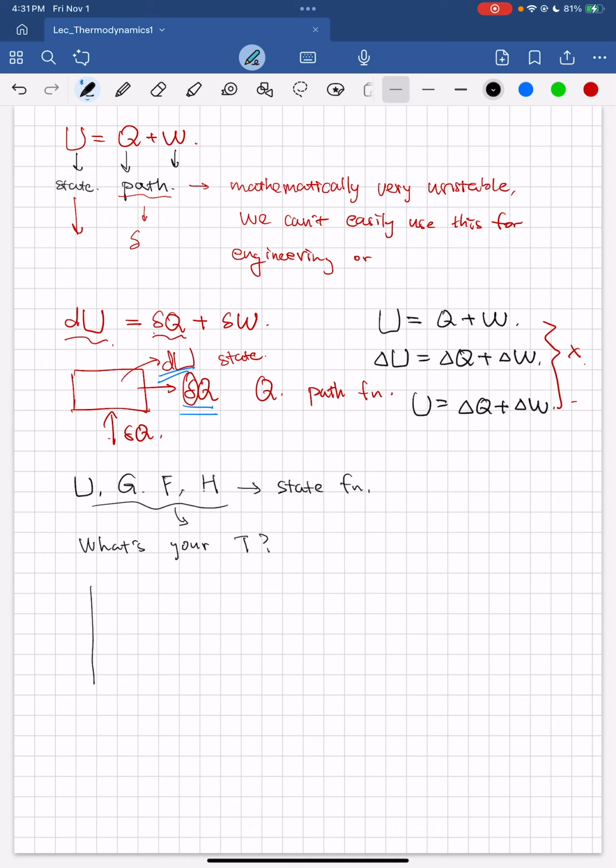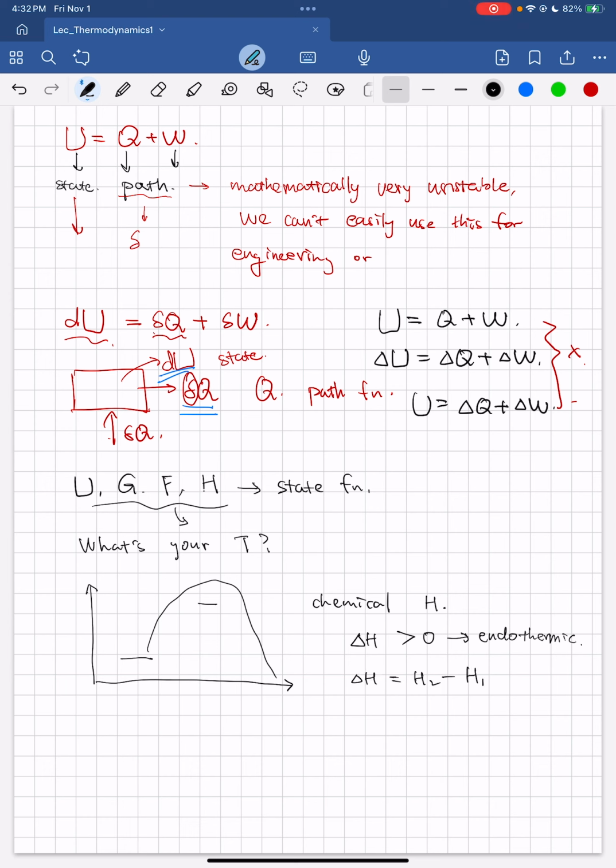You may recall this kind of graph from chemistry, chemical reaction, where there is enthalpy change. When delta H is positive, it's an endothermic reaction, right? And delta H equals H2 minus H1, which is, this is product, this is reactant.